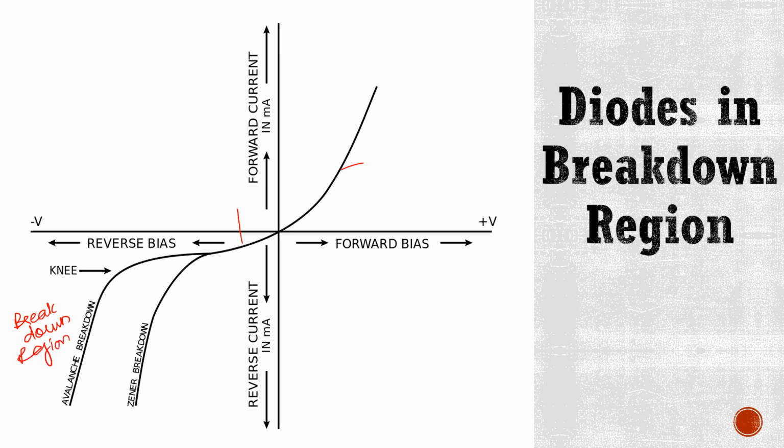As you can see, diodes in breakdown region follow two mechanisms. One is Zener effect and other is avalanche effect. In general, diode junction breakdowns occurring at -5 volts are caused by the Zener effect.